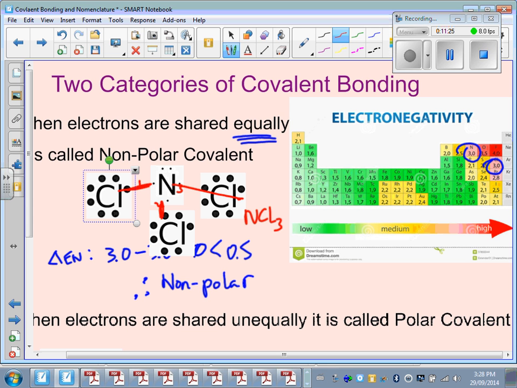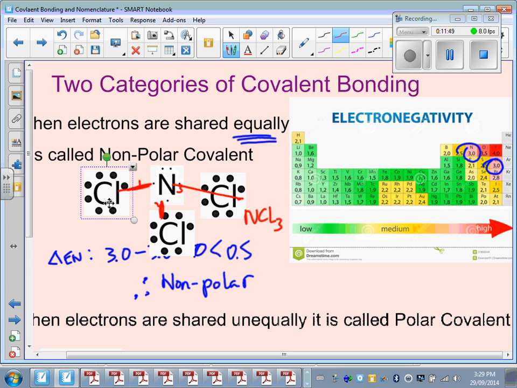In terms of Lewis dot diagrams, the first question you should always ask is, is it ionic or covalent bonding? If it's ionic bonding, we use the square brackets. If it's covalent bonding, it means the electrons are shared, not transferred, and we don't need to use brackets. We use the lines just to show that the 2 electrons are shared. So this chlorine is happy.